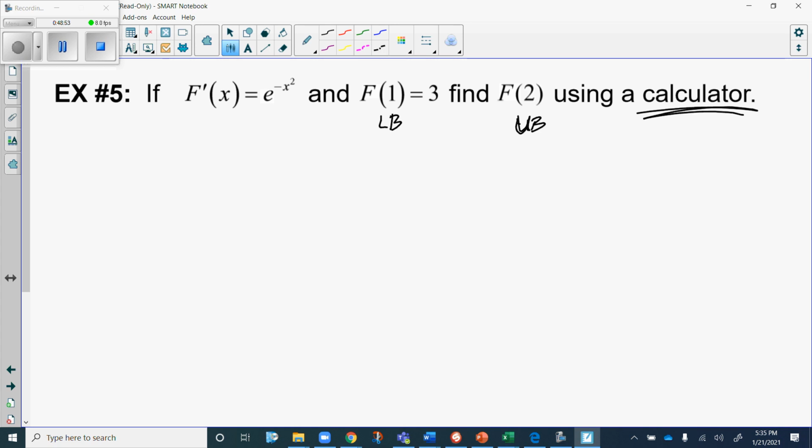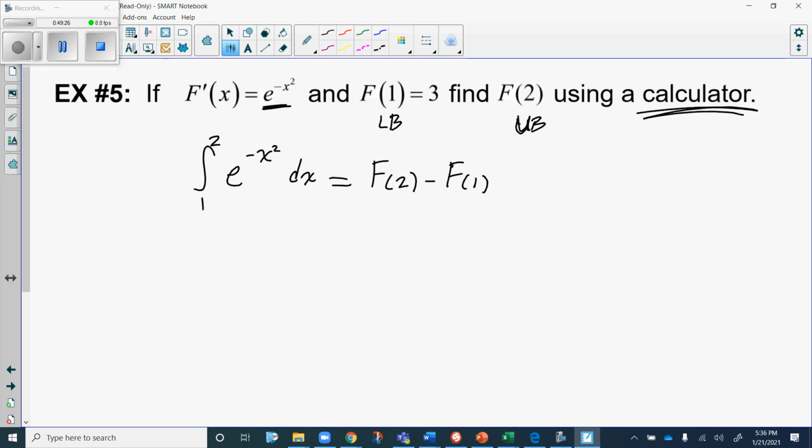And they're giving us an integrand. So we can write the definite integral here of 1 to 2 e to the negative x squared power, and again dx, and using the fundamental theorem part 1 that we were looking at, we can rewrite that, or we can think of that as f of 2 minus f of 1.